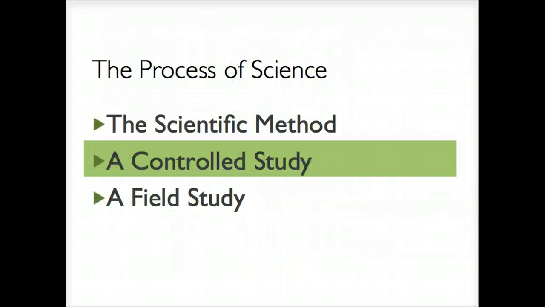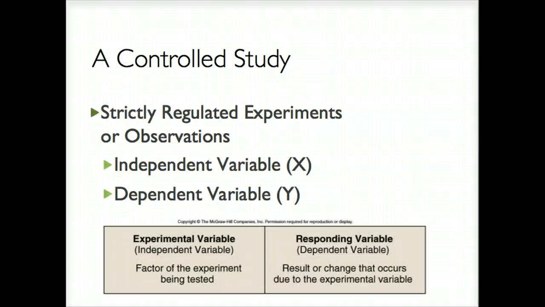The scientific method is applied to a number of different types of studies. The two types that we will focus on are a controlled study and a field study. A controlled study is done in a lab, and a field study would be done in the environment. A controlled study has a set of strictly regulated experiments or observations. You're going to make changes to one variable and not change the other variable.